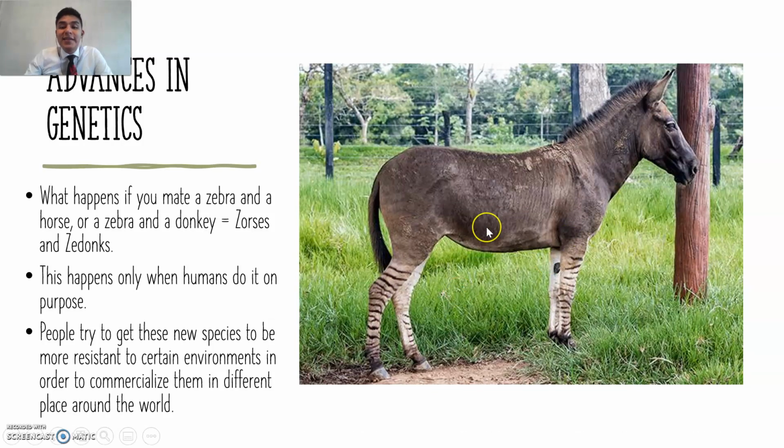For example, in this case, this is a real picture of what happens when you mate a donkey and a zebra. So what people are expecting from this is that these new species will actually be able to survive in the African environment. So of course they can commercialize it and get some more money for their living. And I'm as surprised as you because I have never seen an animal like this one, but apparently they exist.